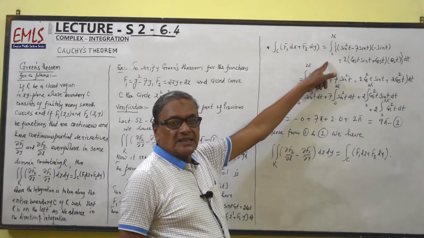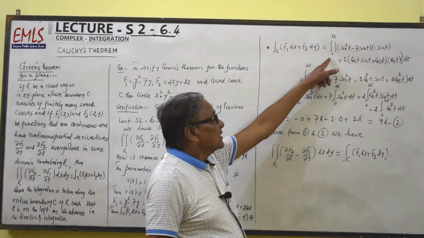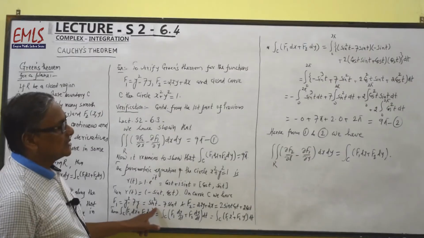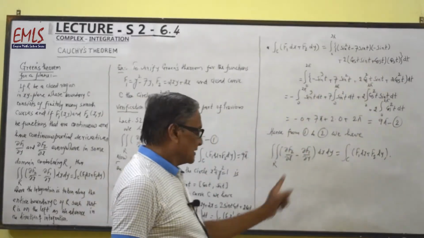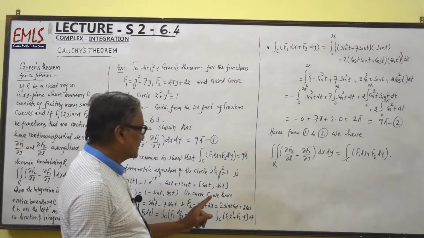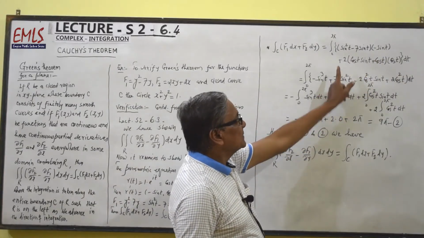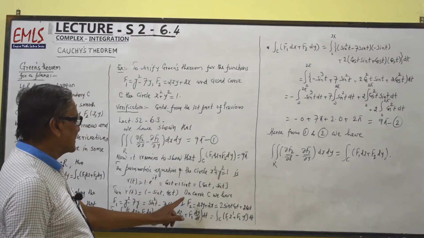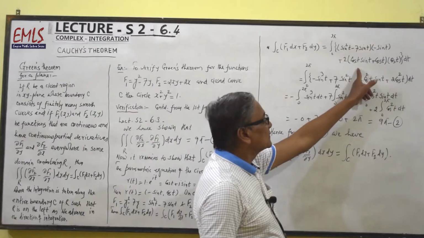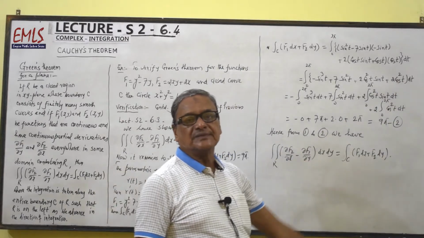So it will be the integral from 0 to 2 pi, theta varies from 0 to 2 pi because it is a closed circle, of f1, that is sin square t minus 7 sin t, times x dash, x is cos t so x dash will be minus sin t, plus f2 dy, and f2 is 2xy plus 2x, that is 2 sin t cos t plus 2 cos t, and y dash, y is sin t so y dash will be cos t, dt.